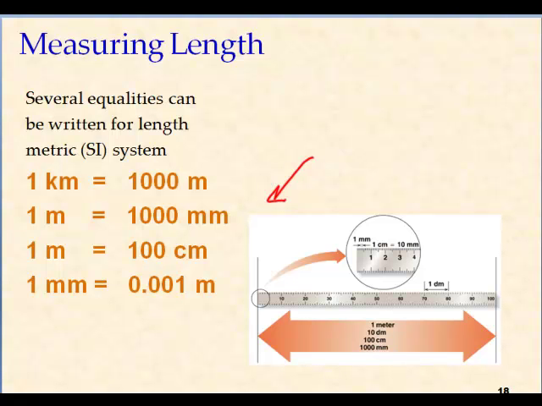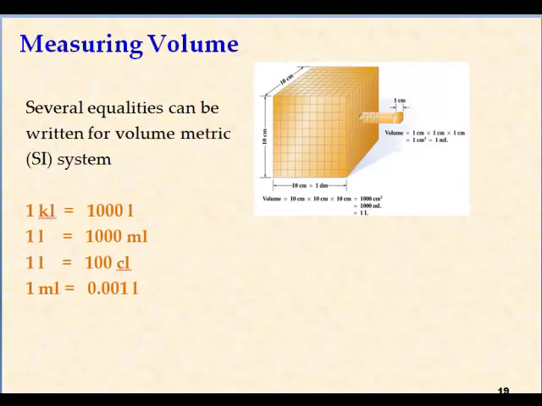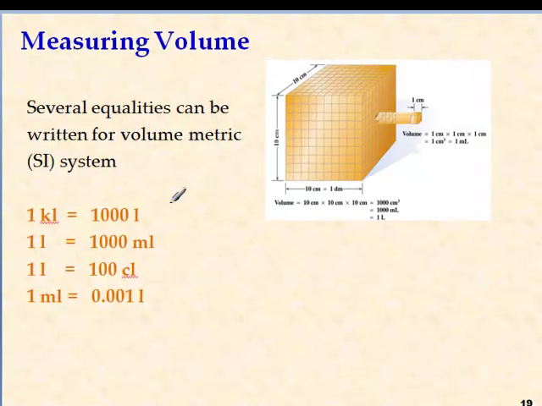So I'm going to go through these slides, and I'm going to focus more on the problem solving than the actual equalities, because you need to memorize these, and there's not much sense in me reading them off the slides. Same thing for kiloliters, a liter to a centiliter, and a milliliter to a liter. Again, that's the relationship that you should know.